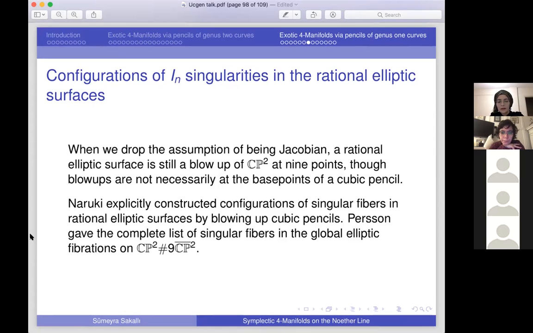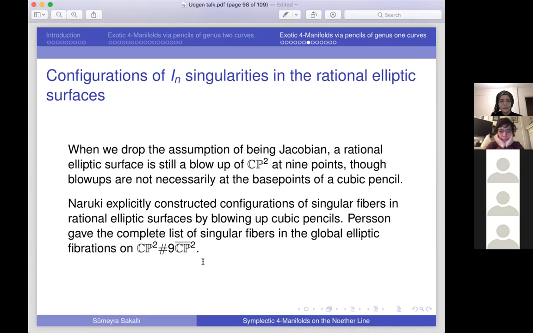Naruki, in fact, explicitly constructed configurations of singular fibers inside rational elliptic surfaces by blowing up cubic pencils. And then later Persson gave the complete list of all singular fibers lying in the elliptic fibration over the manifold E1.